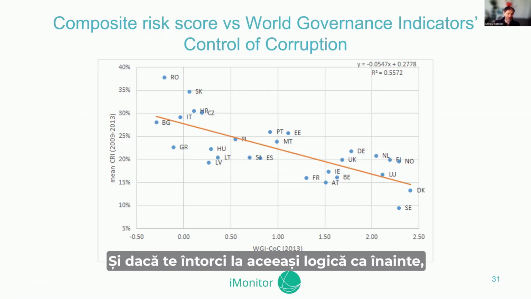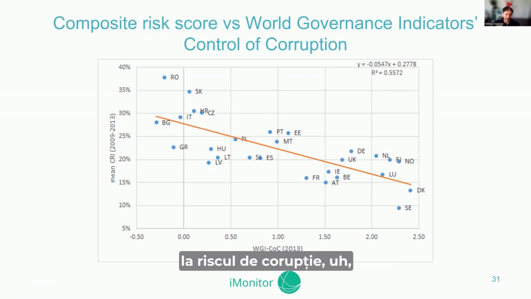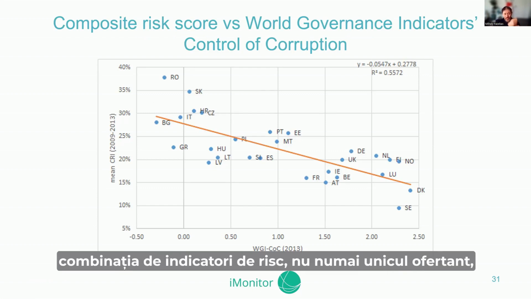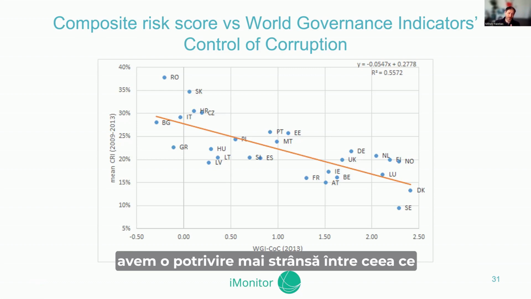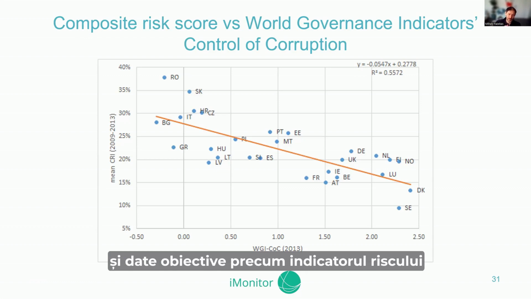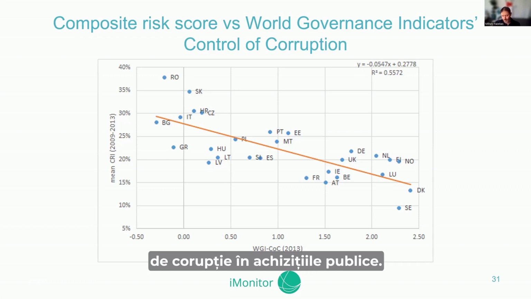And if you go back to the same logic as before, looking at country level perceptions of corruption risk, the Worldwide Governance Indicators, control of corruption, and this time the combination of red flags, not just single bidding, we have an even closer fit between what we think about corruption in a country based on surveys of experts and businessmen, and objective data such as the public procurement corruption risk indicator.